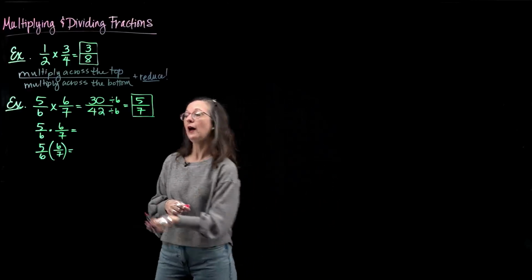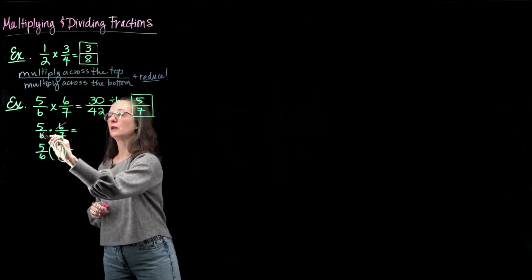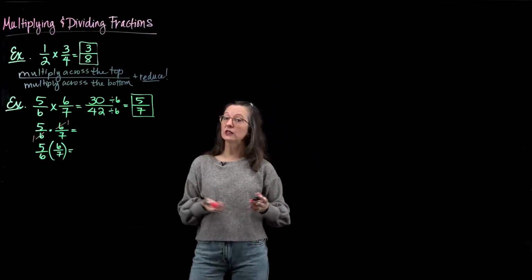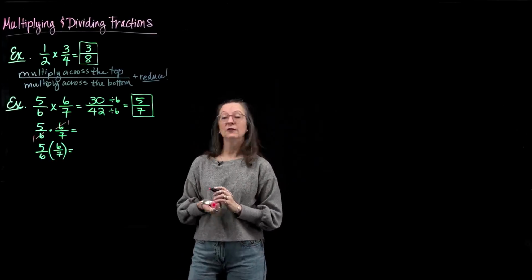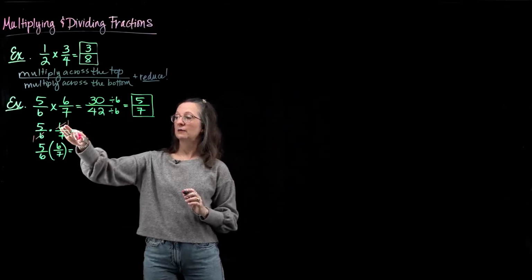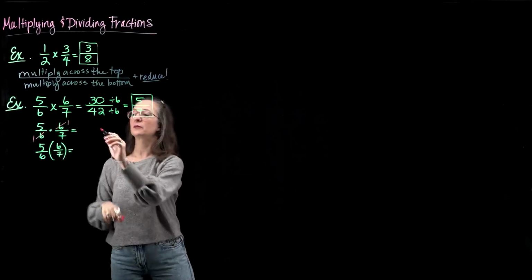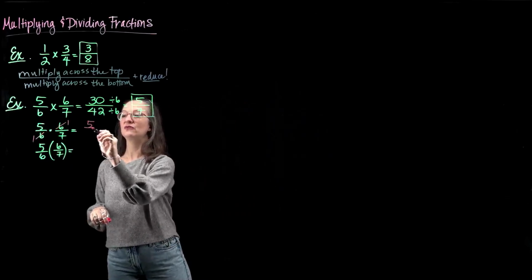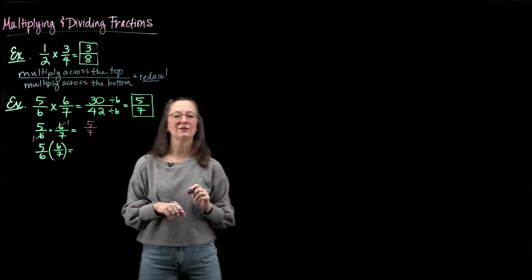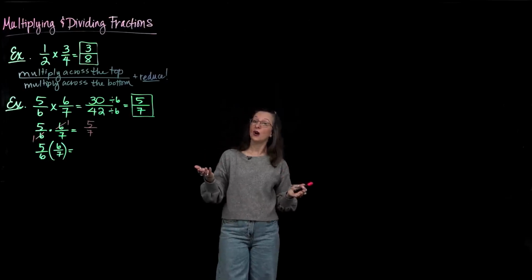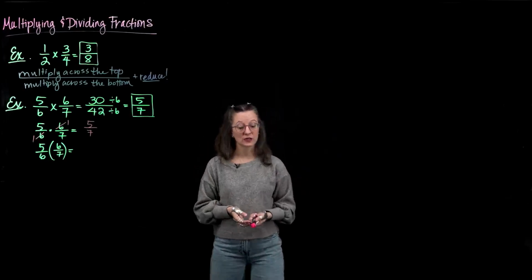And it's often helpful to cancel them before you do the multiplication, so we're dealing with smaller numbers. If we did that, 6 divided by 6 is 1, 6 divided by 6 is 1, and then we multiply across. 5 times 1 is 5, 7 times 1 is 7, and we get the exact same answer. So it's often helpful to look for that so you deal with smaller numbers.